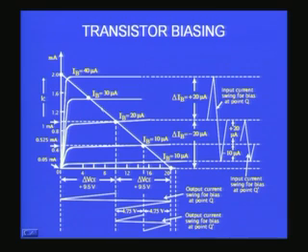So, you find when this happens, corresponding to these 2 points, the collector current also changes. As you can see, this is around 1.4 or 1.5 milliamperes, and this point corresponds to about 0.5 milliamperes.